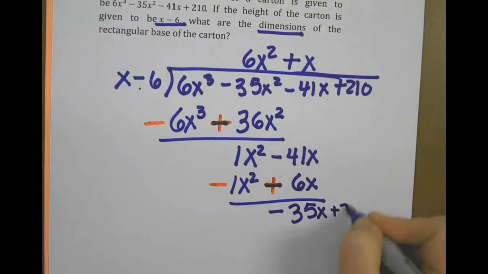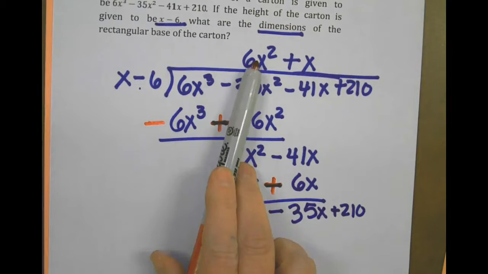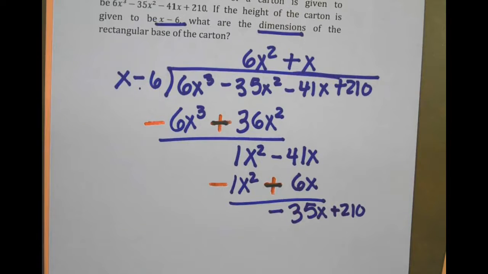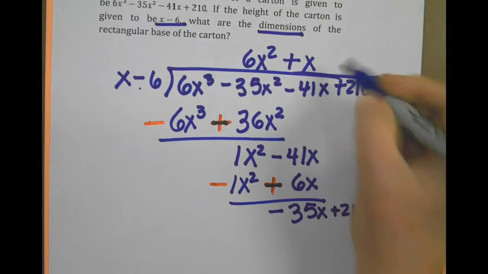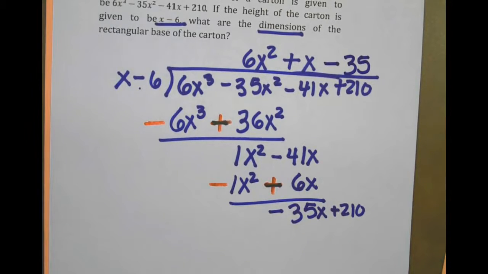Bring down the next term, the 210. Because it is to the third power, this is going to have one more term than my previous example. And so x already has an x, so I need to multiply by negative 35.